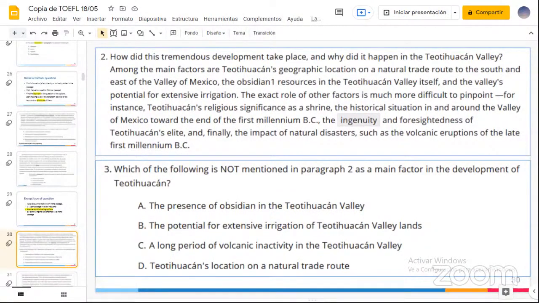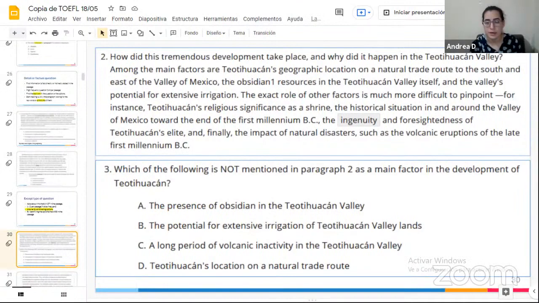The presence of obsidian in the Teotihuacan Valley; the potential for extensive irrigation of Teotihuacan Valley lands; a long period of volcanic inactivity in the Teotihuacan Valley; Teotihuacan's location on a natural trade route. Okay, thanks so much, Adriana.